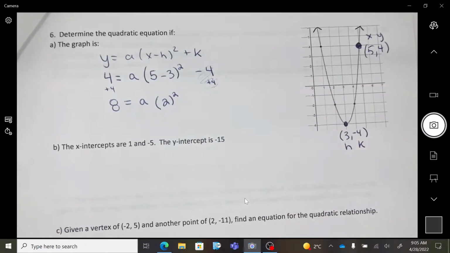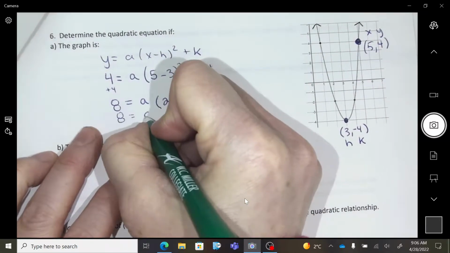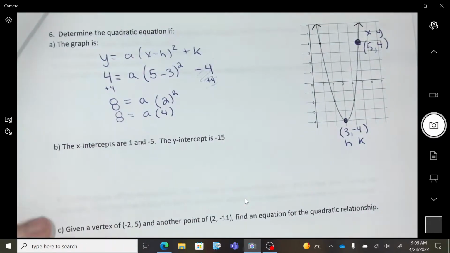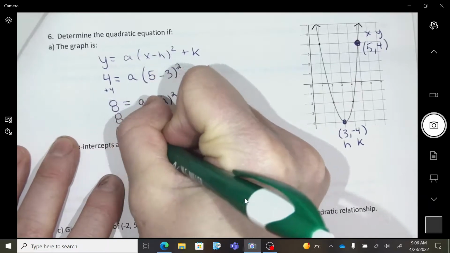So I got rid of that by adding 4. And then 5 subtract 3 is 2. 2 squared, that's 4. So therefore, my A value is 2.